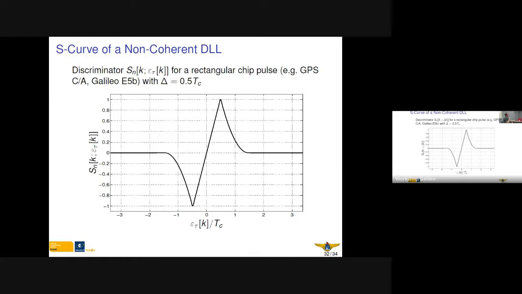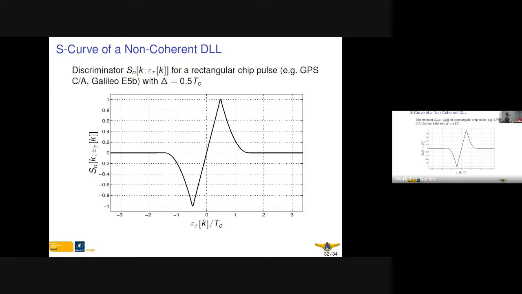In the literature, this is called the early-late spacing, or correlator spacing. It's not the early-late spacing, it's the correlator spacing, because the early-late spacing would be 2 delta. And this is now 0.5 chips, and with this approximation through the central difference quotient, we can see that we have a large linear region of the S curve, and then we have a nonlinear region.